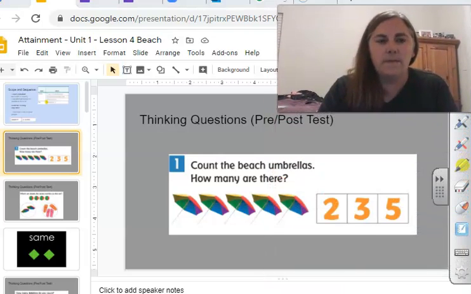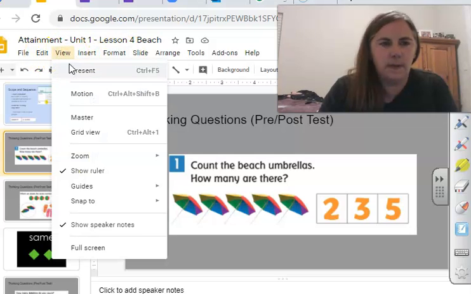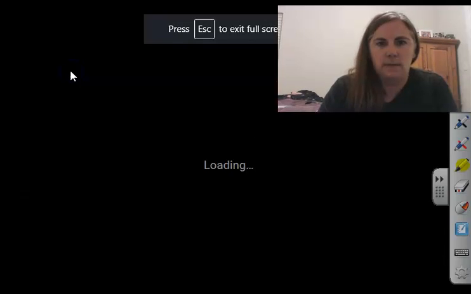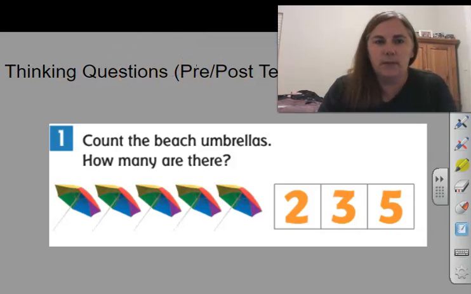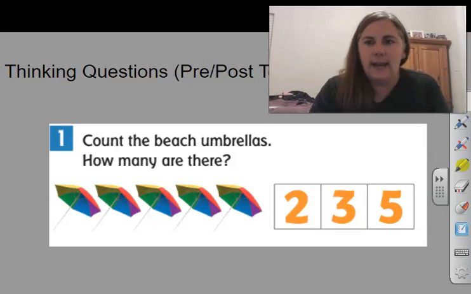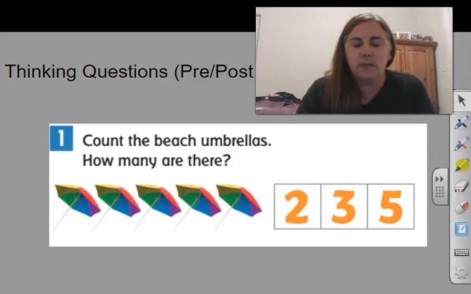All right, so our first thinking question, and actually let's make this view a little bit better for you guys. There we go, that's better. It says count the umbrellas, or the beach umbrellas. How many are there? So let's count together.